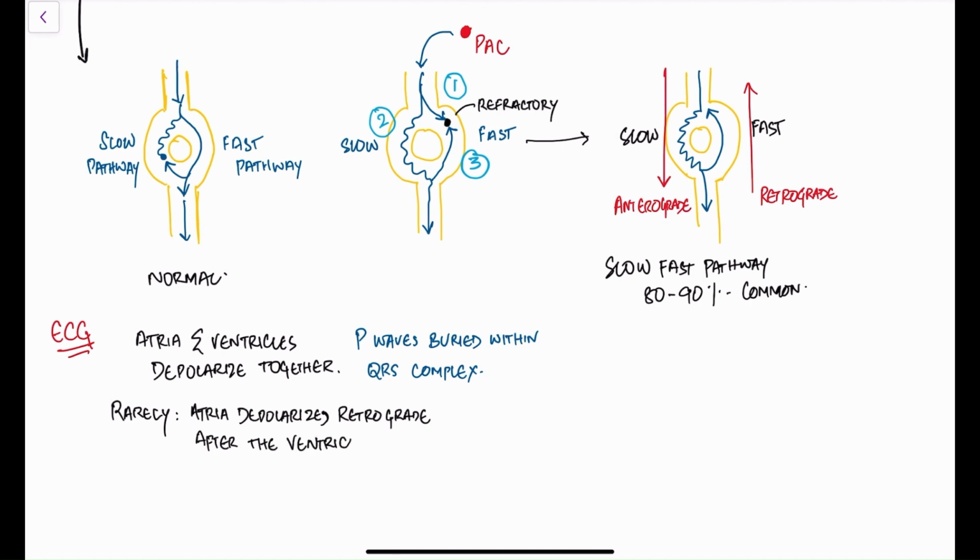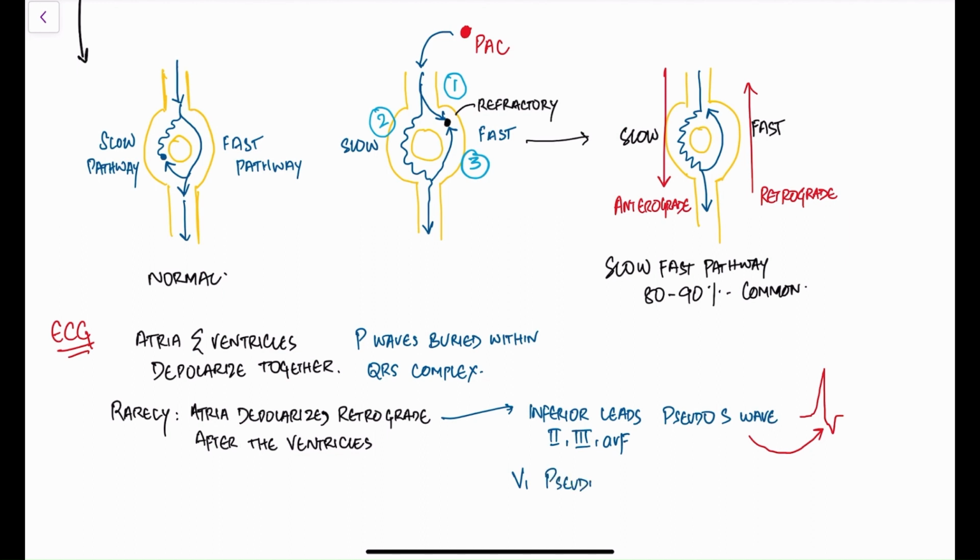So you can see a P wave just after the QRS complex, an inverted P wave. This is most commonly found in the inferior leads, 2, 3, and aVF, and it is referred to as a pseudo S wave. In V1, at the same time, you will be able to see a pseudo R wave because of this retrograde conduction into the atria.